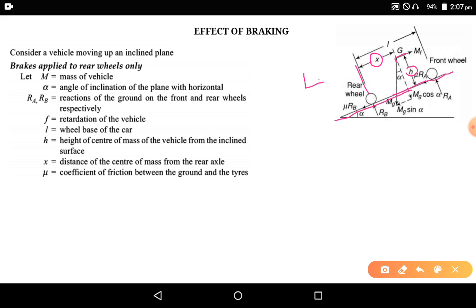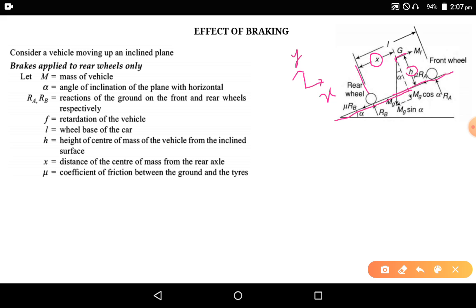Okay, so for that, let me draw the coordinate system. We are assuming that the x coordinate is along the line on which the vehicle is moving, and the y coordinate is perpendicular to that surface on which the vehicle is moving, right?